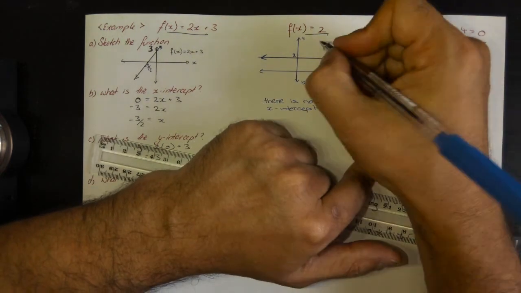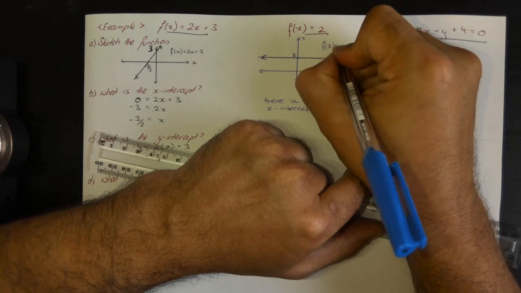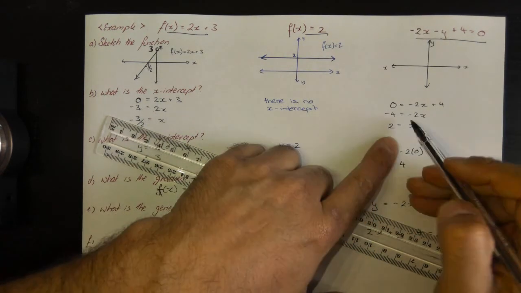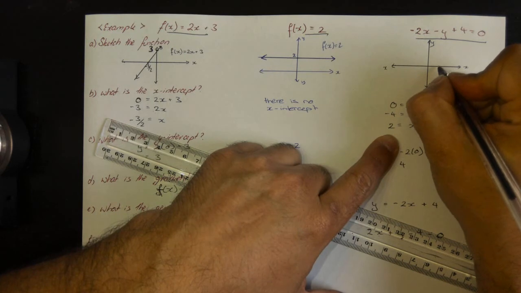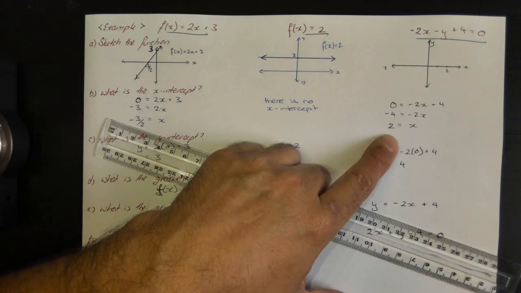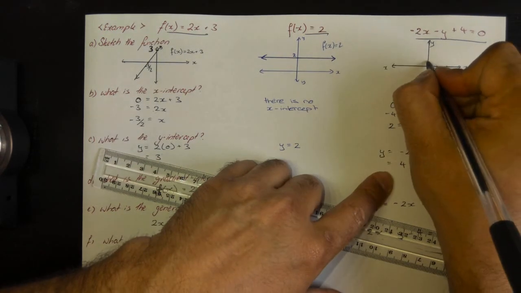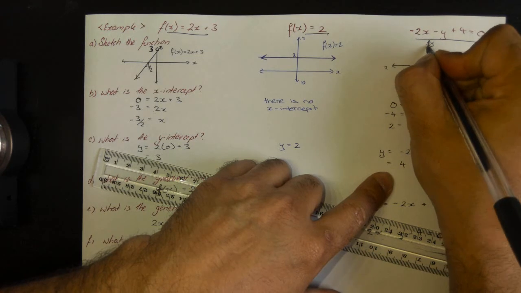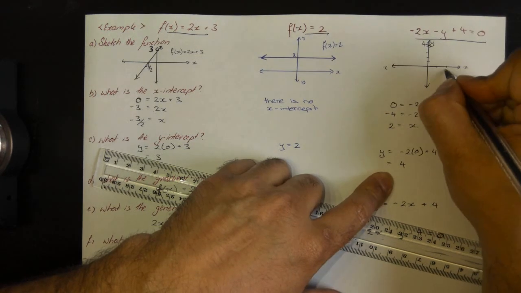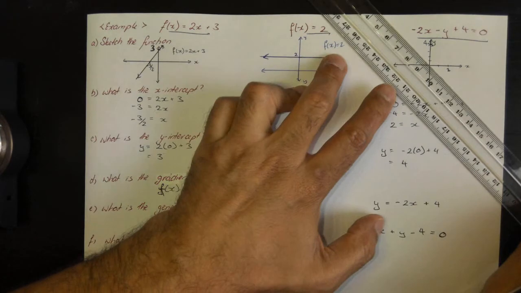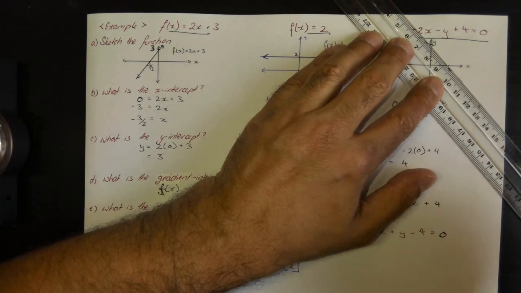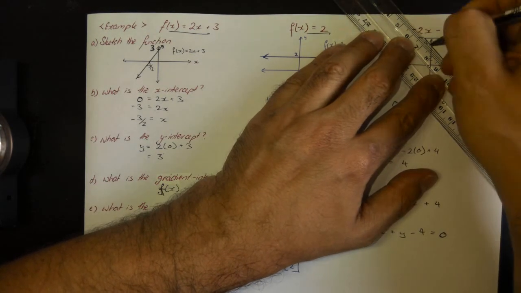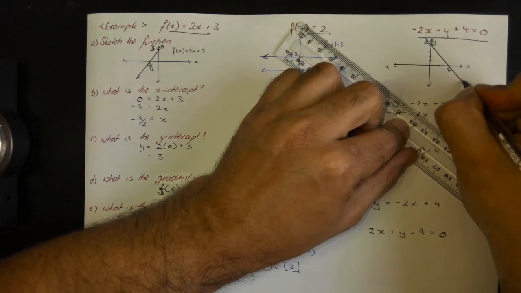I should have written this as well. All right, just to sketch it, I've got an x-intercept at 2, and I've got a y-intercept at 4. All right, joining the dots, I get this line here. It's a negative gradient.